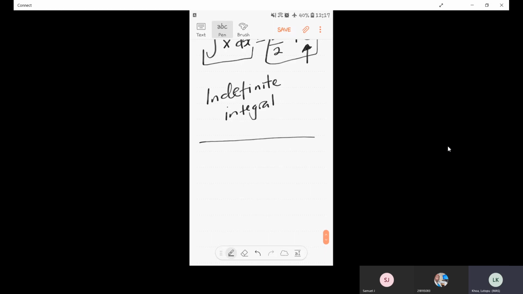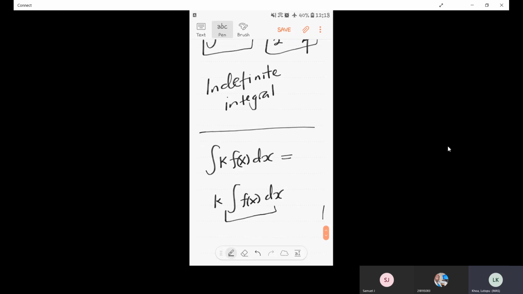The first one is that if you integrate a constant multiplied by a function with respect to x, you can take the constant out, integrate your function, and then multiply that by the k. So this is the same as k multiplied by the integral of f of x dx. Okay, so you can work it out and then multiply your answer with k.